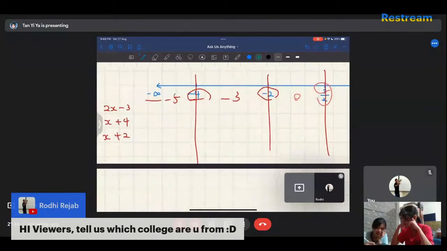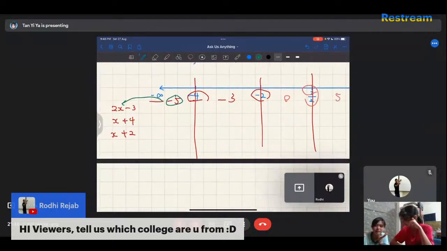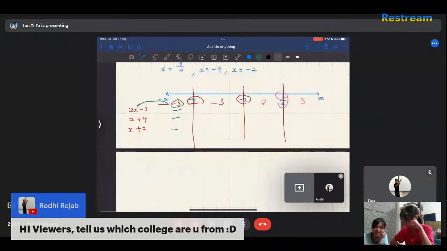We substitute the value that we chose just now into the x. You don't need to do the whole calculation, but you need to know whether the answer is positive or negative. So for negative 5, it will be negative. For the first one, 2 times negative 5 minus 3 is negative 13, so negative.